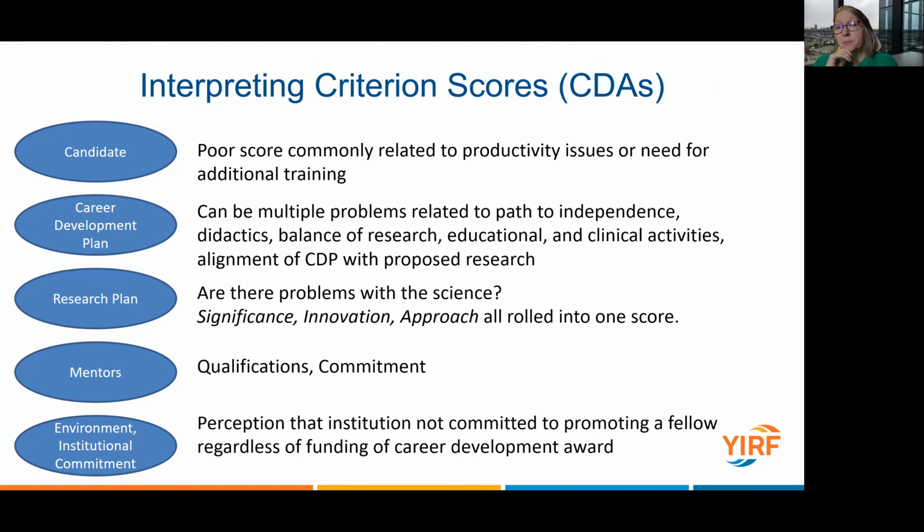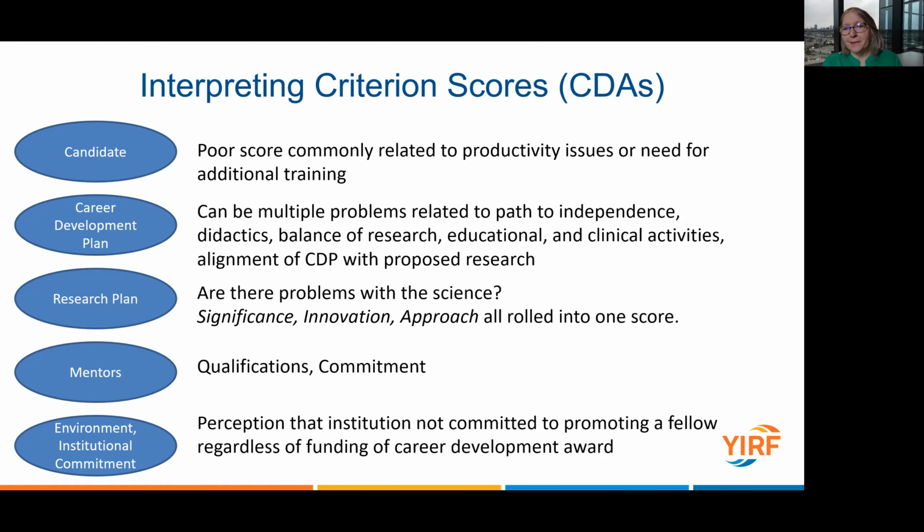Then the career development plan could be dinged from multiple areas. Not a clear path for independence. Are you really charting out a path that's different than your mentor? Do you have the right balance between didactics, research, and mentored experiences? And is your career development plan really aligned with the research you're proposing and that point in your career?